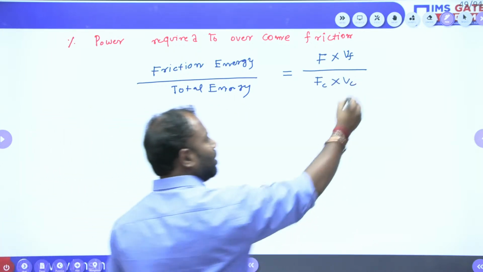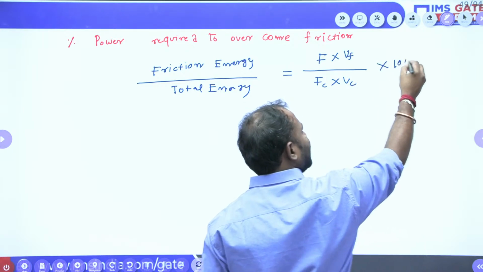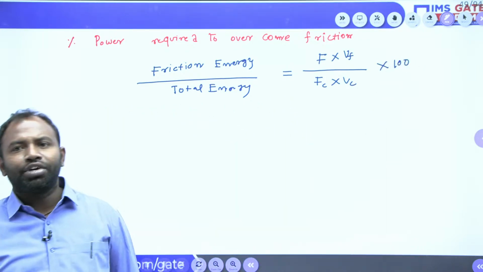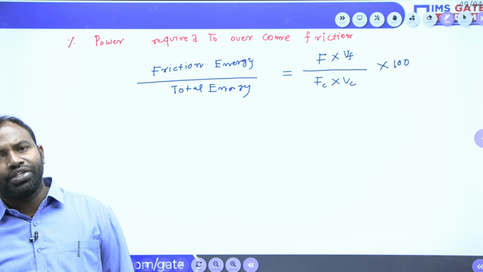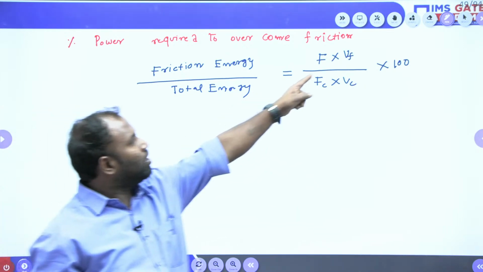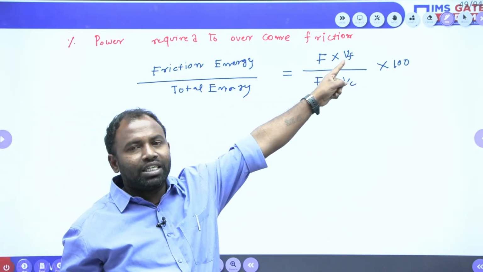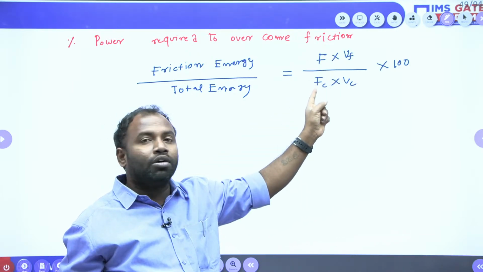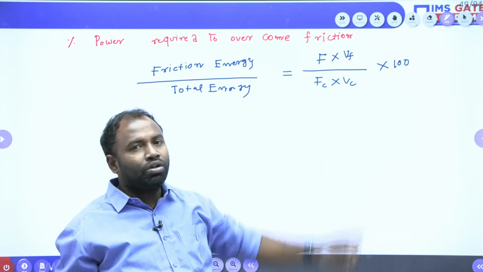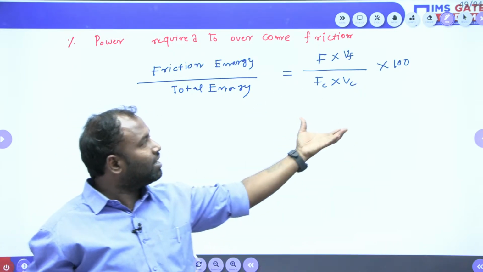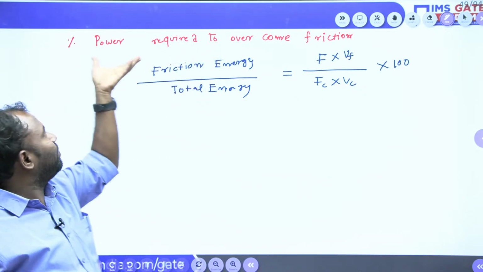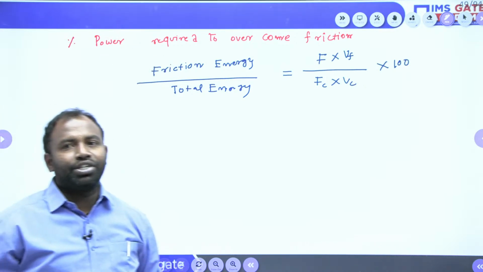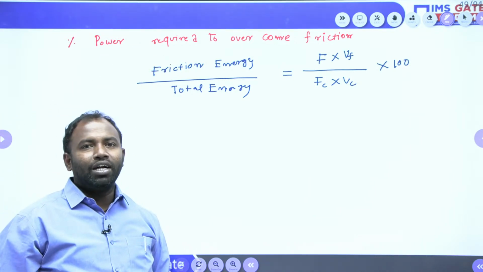So this is into 100, so that you get the percentage of power required to overcome the friction. Clear, everybody? So friction force into the chip flow velocity in the friction zone, and total energy is equal to Fc into Vc. If I take that percentage, I can get the power required to overcome the friction. Clear, everybody, guys? Okay, now let us solve that.